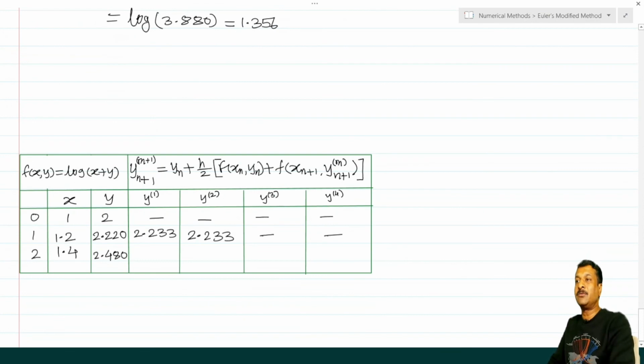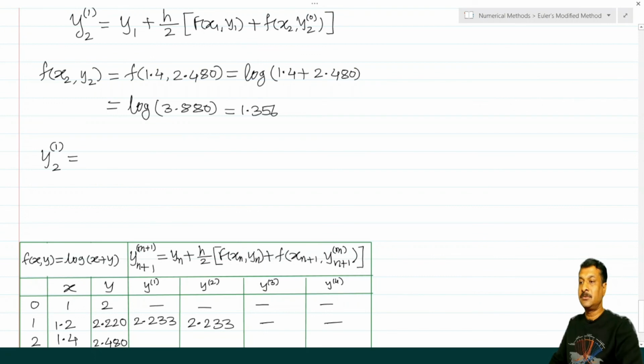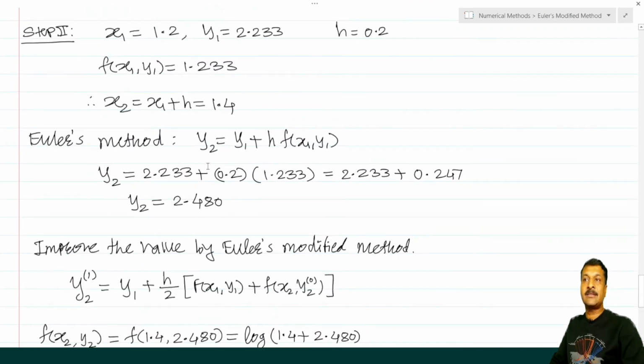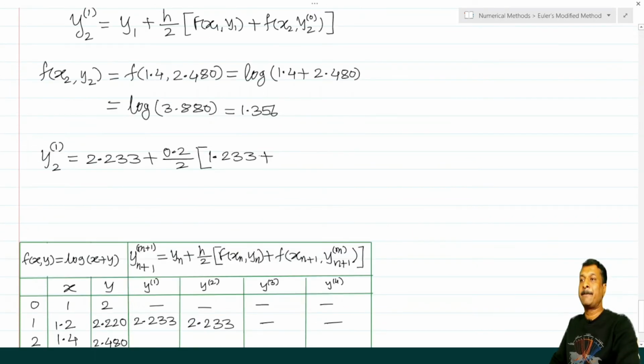Now improve the value, means y2 at first position. So what is the y1 value? By this row I will get y1, the improved value, that is 2.233, the last value, plus h, which is 0.2 by 2, f of x1 y1, which we already have declared in step 2, that is 1.233, plus f of x2 y2 with the recent value, and that is nothing but 1.356.